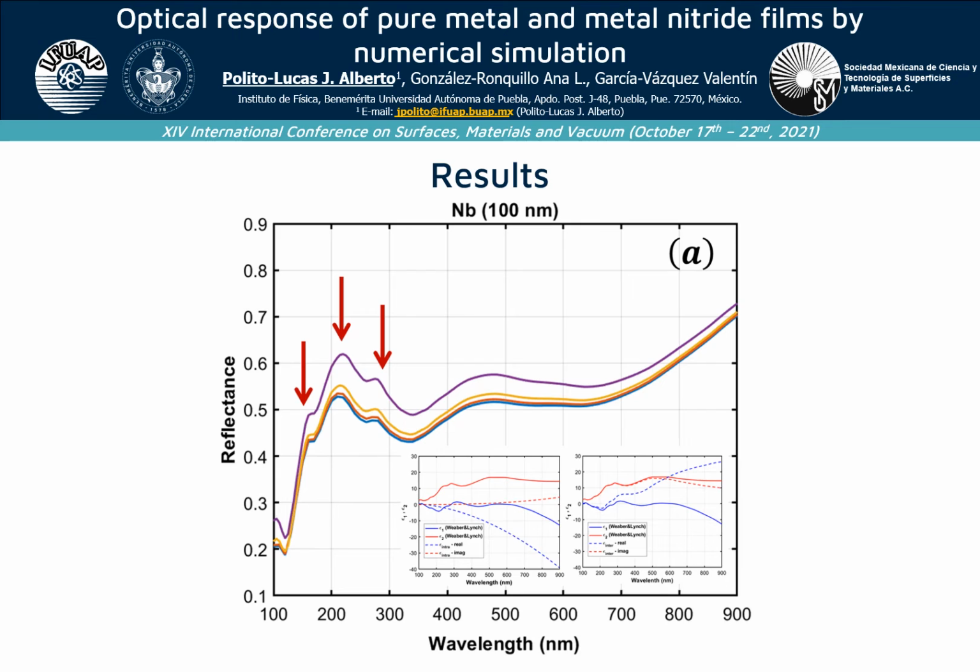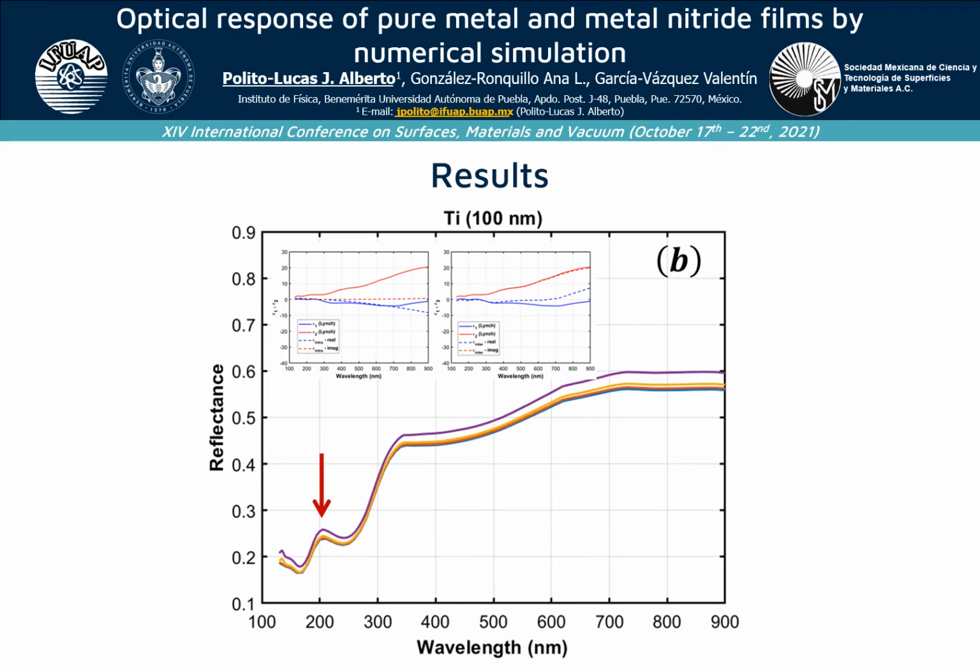These peaks are mainly due to the contribution from the interband electrons. This can be verified by studying the dielectric function of niobium, where a contribution of the interband electrons to the dielectric function of the material is observed below 400 nanometers, and below 500 nanometers for titanium.